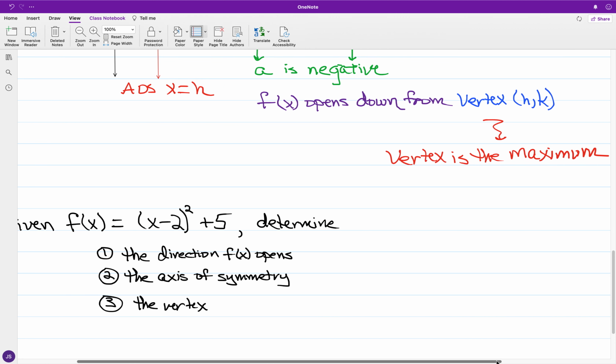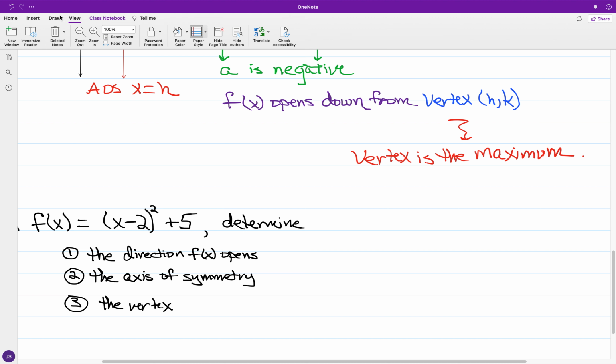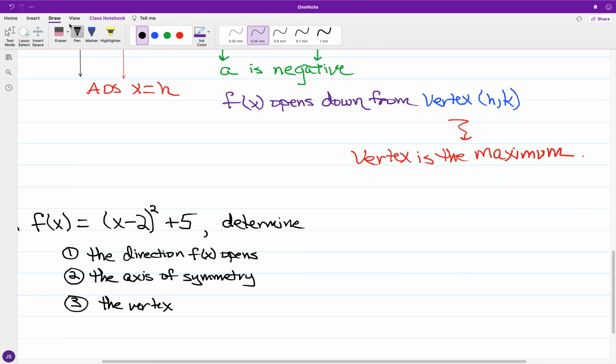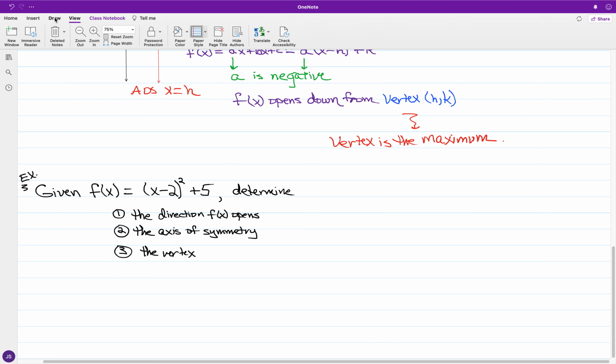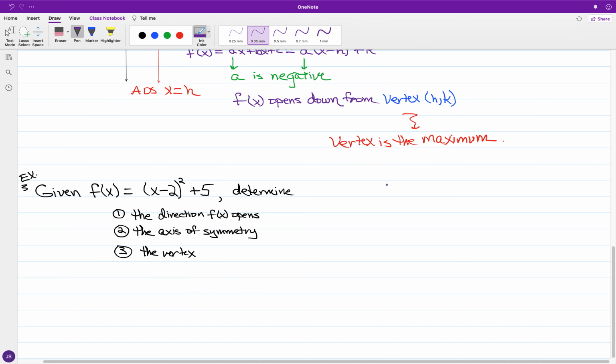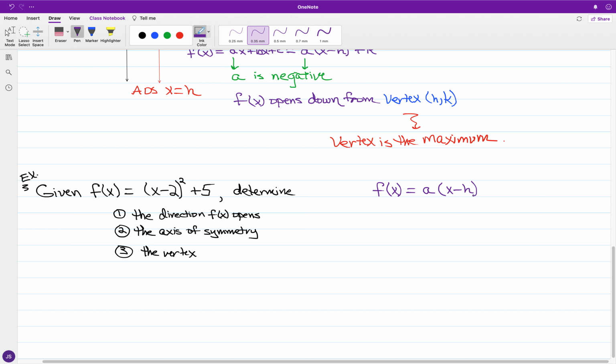So just looking at the components, just the general layout for the vertex form, you have f of x is equal to a times the square of x minus h followed by the addition of k.